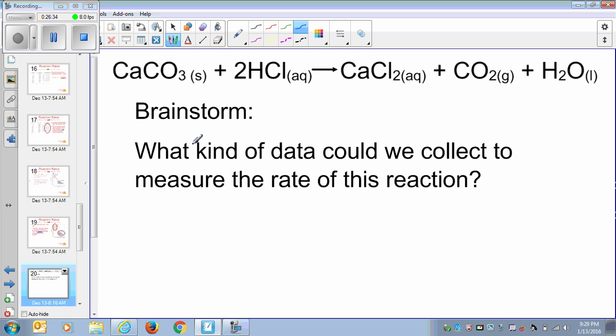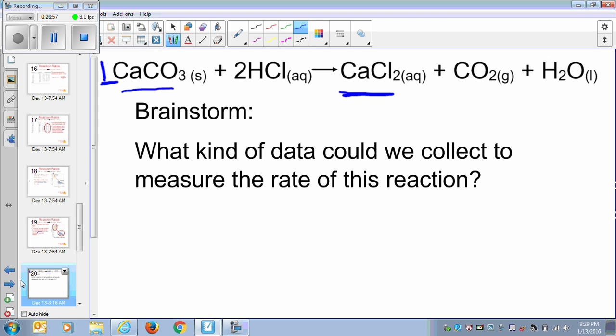So we can do these examples in class on how to collect or measure this rate of reaction. You will do the products minus reactants, and when you have to calculate the rate of reaction, you go by the reactant that has the least coefficient. As you see, 1 mole of calcium carbonate is producing 1 mole of calcium chloride.